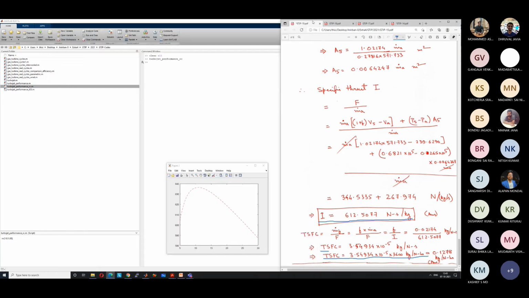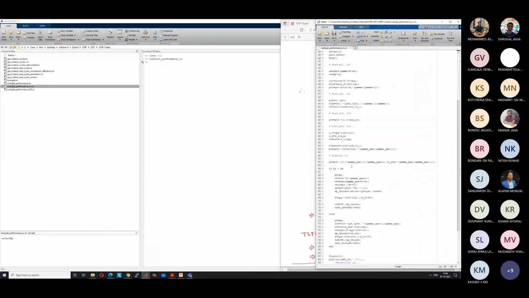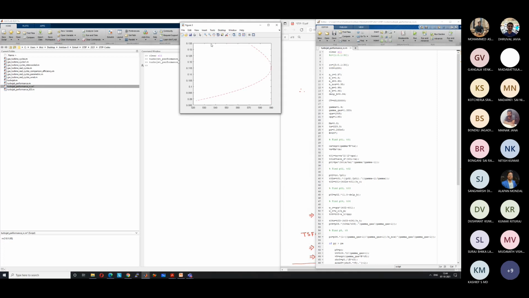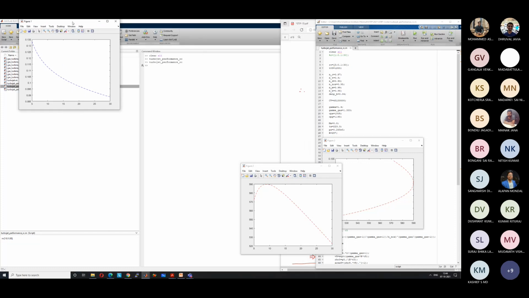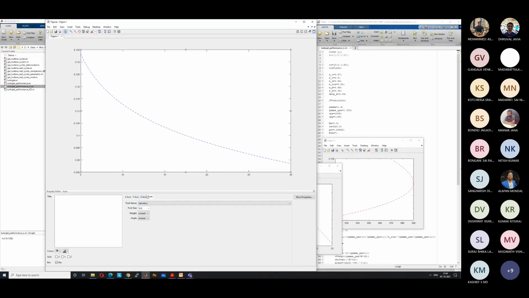So let me just see what values we get, because I have done some approximation here. Anyway, you can also write the program and check. I could have just shown you the plots, but my idea is to show you that we can do these calculations very easily.